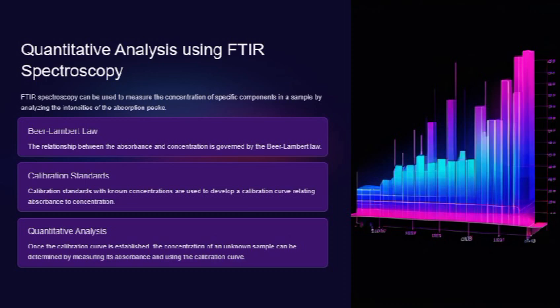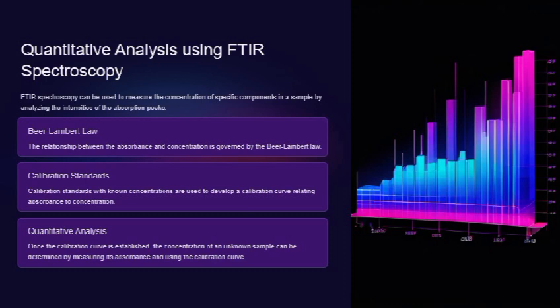In quantitative analysis, FTIR spectroscopy can be used to measure the concentration of specific components in a sample by analyzing the intensities of the absorption peaks. Beer-Lambert law: the relationship between the absorbance and concentration is governed by this law.